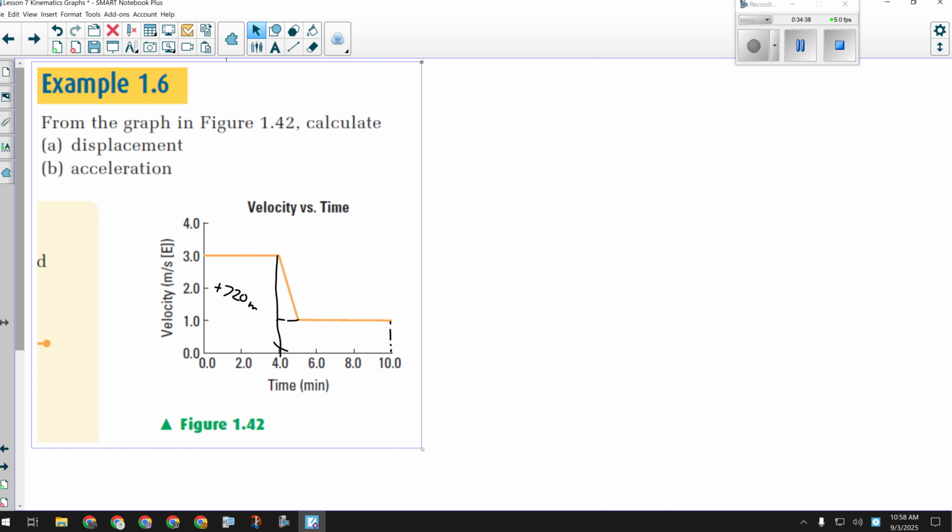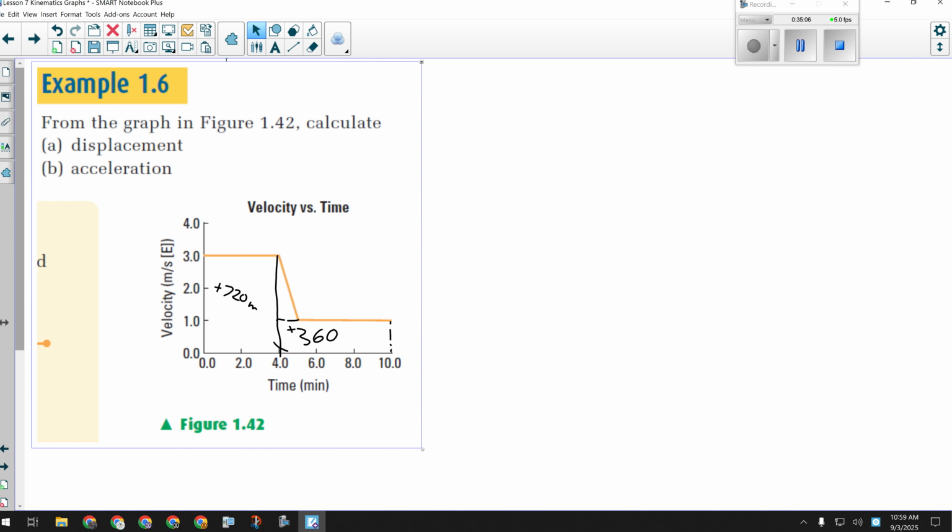We got 1 meter per second for the next 6 minutes. So that'll be 360 seconds, I think. So that's 360 times 1. I almost typed 1 times 3. I almost typed 1 times 360 in there. I was close. At which point you should have all pointed and laughed at me for doing so.